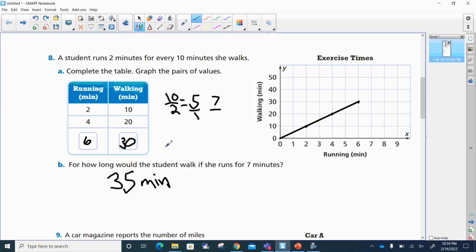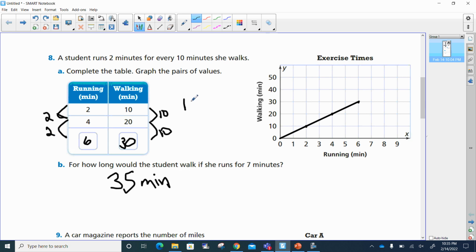All right, and let's see the other way now. The other way would be to realize if it wasn't going through here, the change from here to here is 10. The change from here to here is 2.